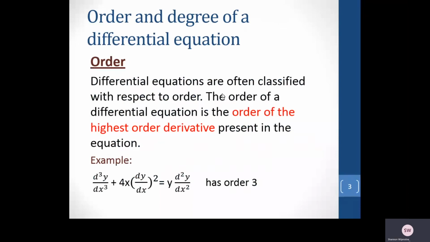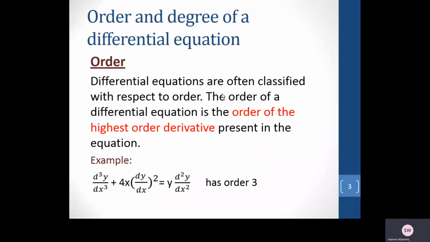And if the order is 2, it is called a second order differential equation. So we have different methods of solving first order differential equations and a different method for solving second order differential equations. So it is important to understand the order and the degree of the differential equation.